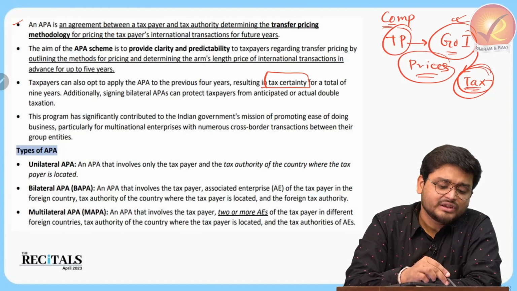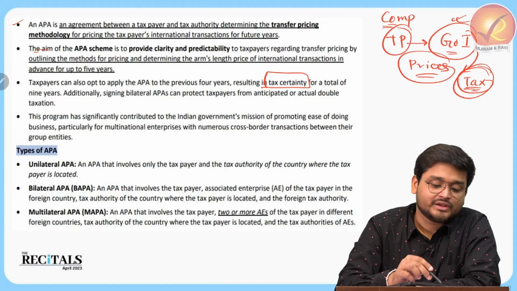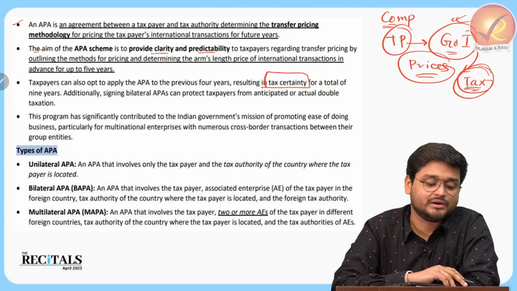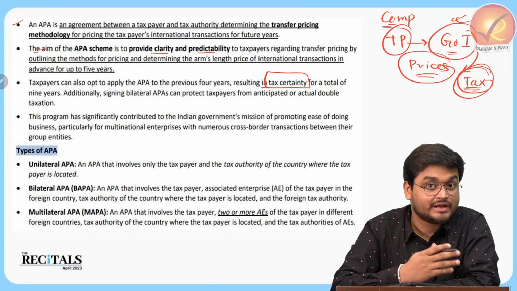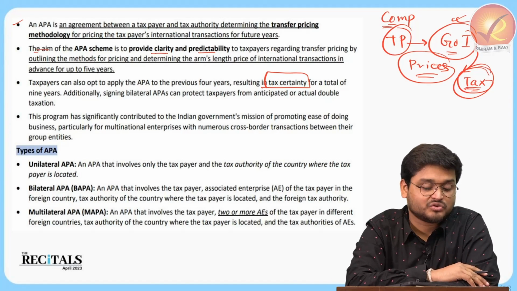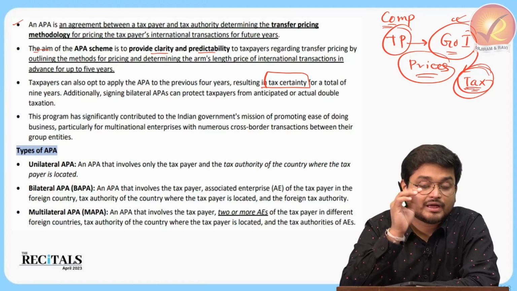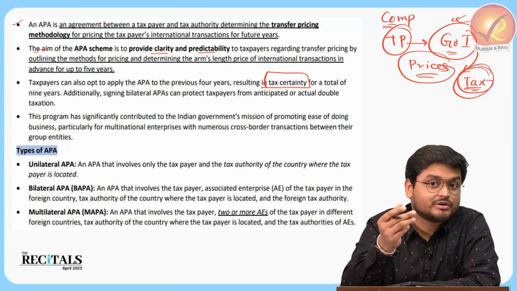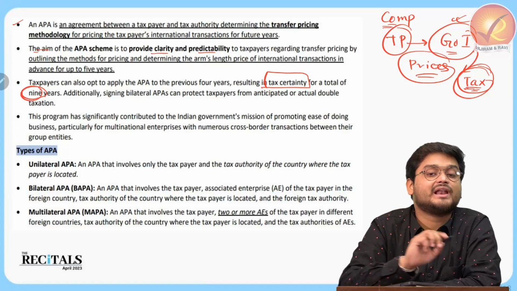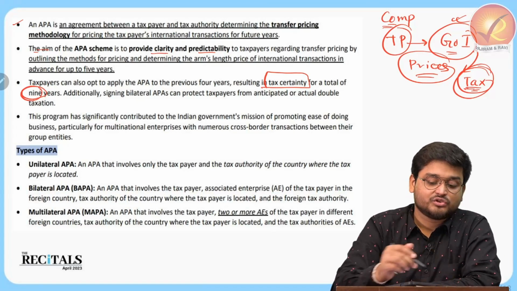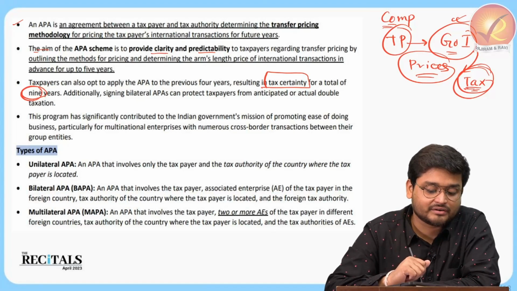And the aim of the scheme is to provide clarity and predictability, right? Because companies can use various methods in avoiding taxes like this. So the government and the taxpayer can have a certainty for around 9 years. So it is good for the government, right?